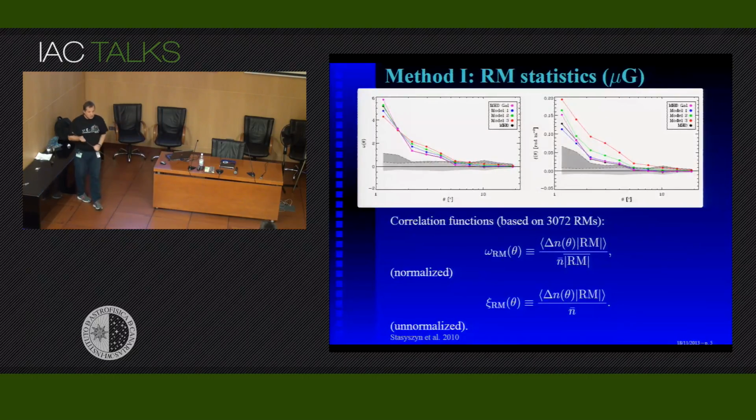When you calculate the correlation function, you have two ways to do that. One is a normalized correlation function, where the signal is normalized to the absolute value of the signal, and you can do it in an unnormalized way, so that you don't normalize to the mean rotation measure of the map. Both have different advantages and disadvantages.